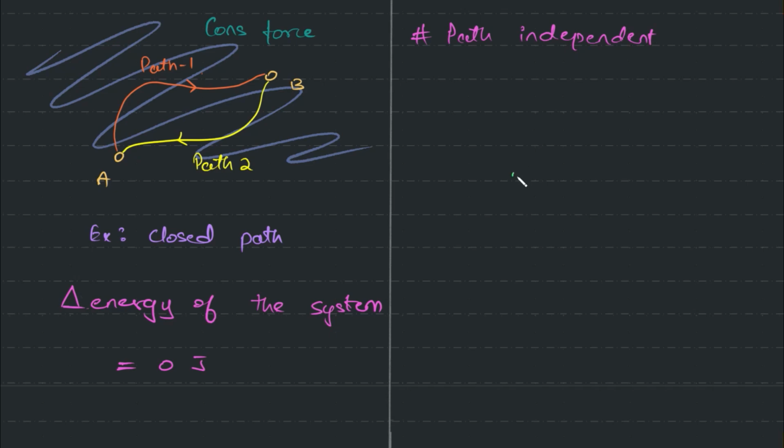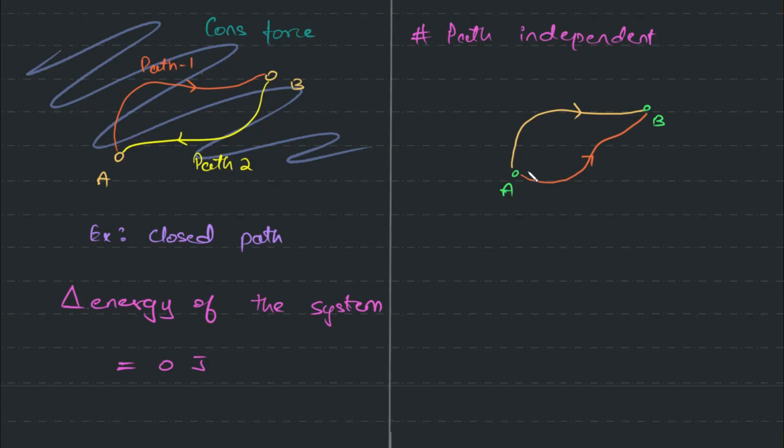If I move from point A to point B, against the conservative force or in the direction of the conservative force, it won't matter how you went to point B.